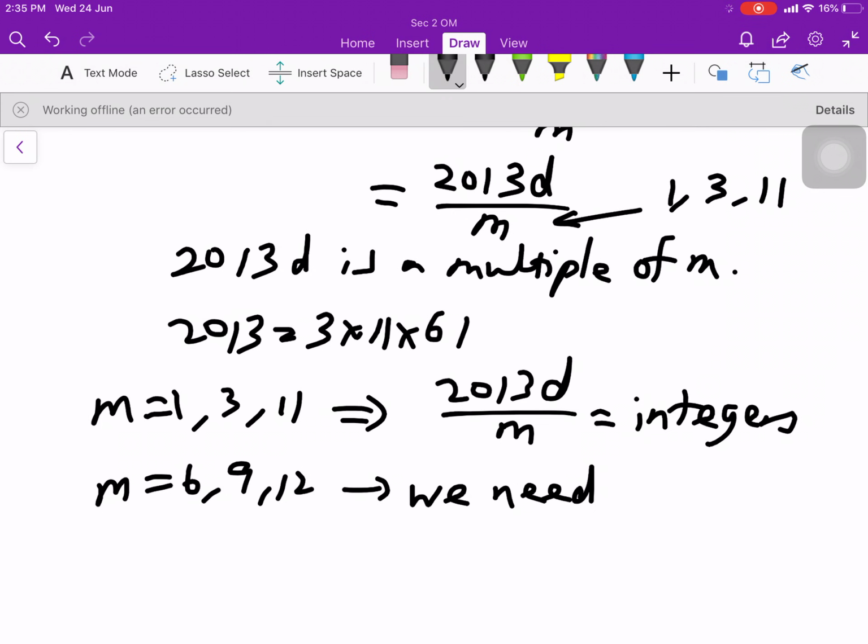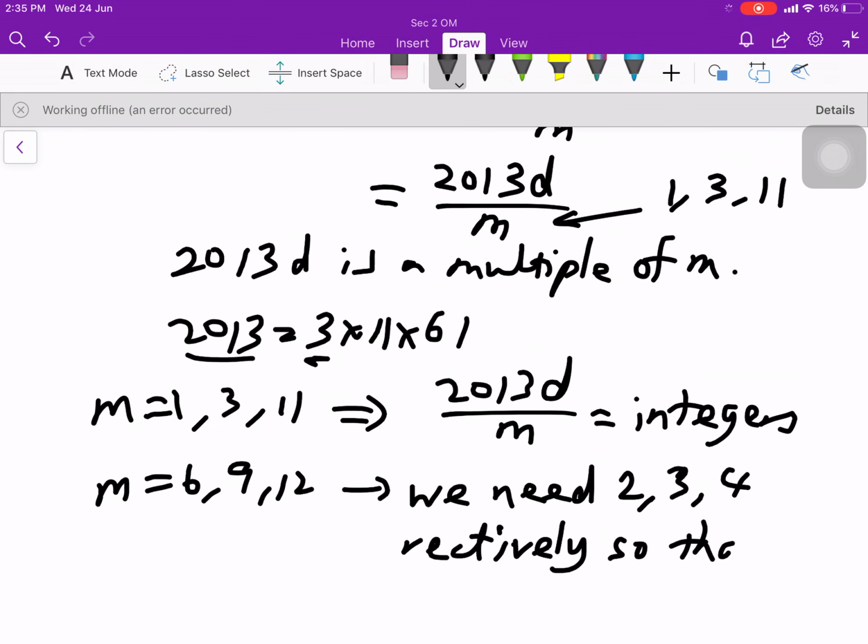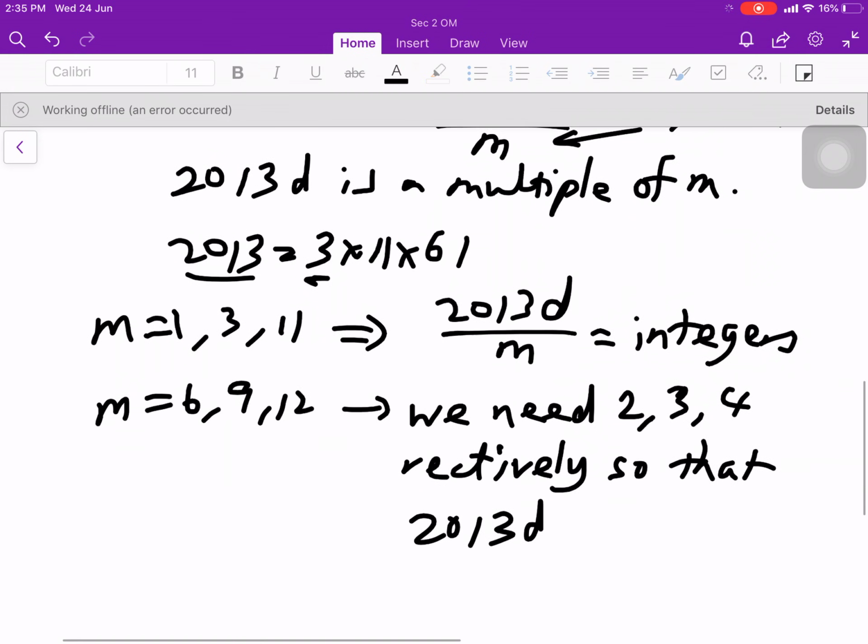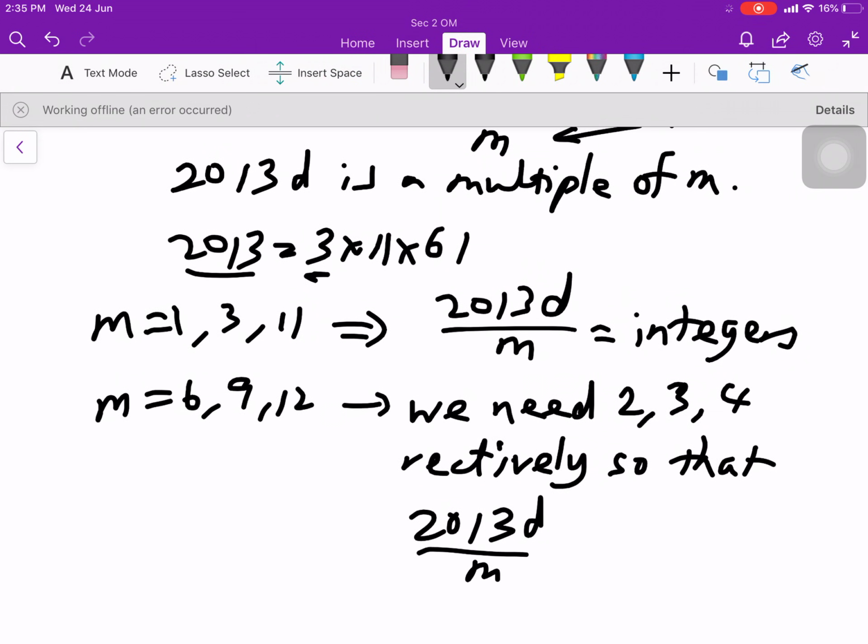Your 2013 only has a factor of 3, right? Therefore, we need 2, and then we need 3, and then we need 4, respectively, so that 2013 divided by M is an integer.